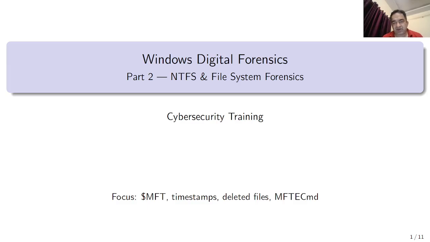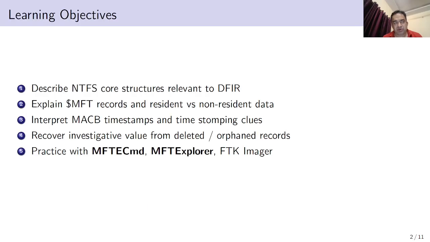For example, even if malware is gone, the Master File Table (MFT) often still remembers the file name, times, and parent folder. So, what do you learn from this lecture?